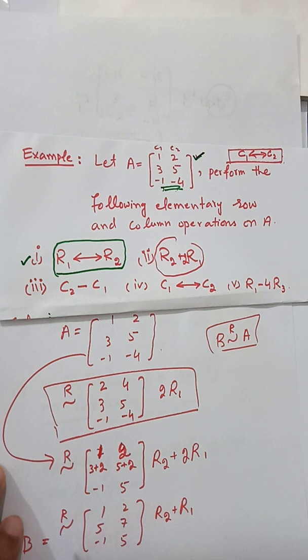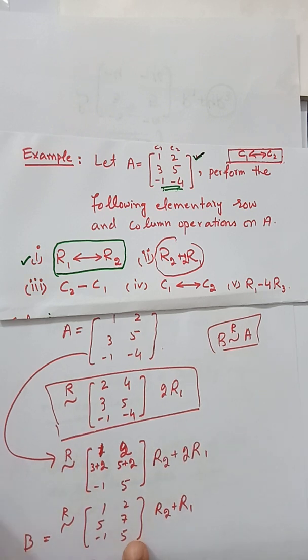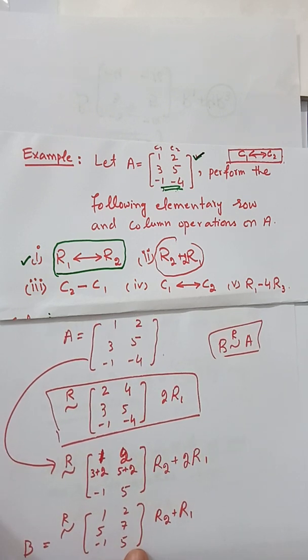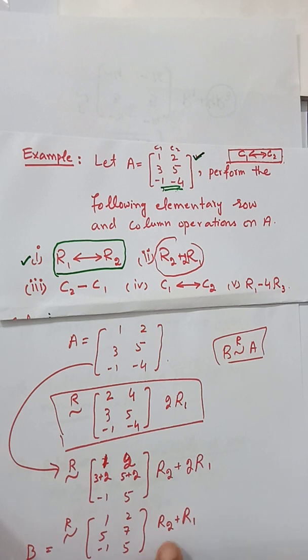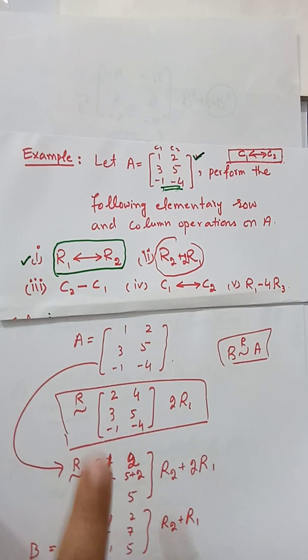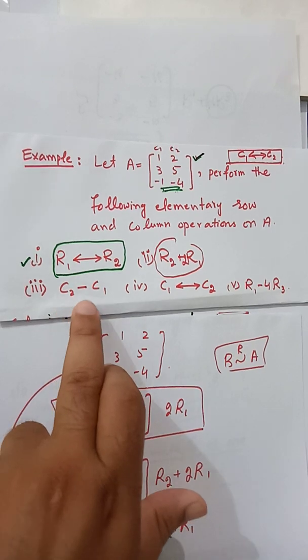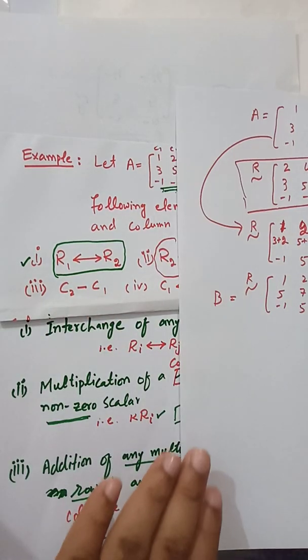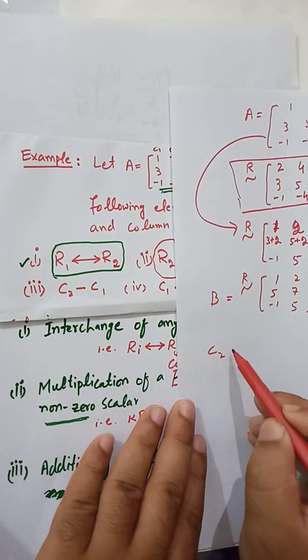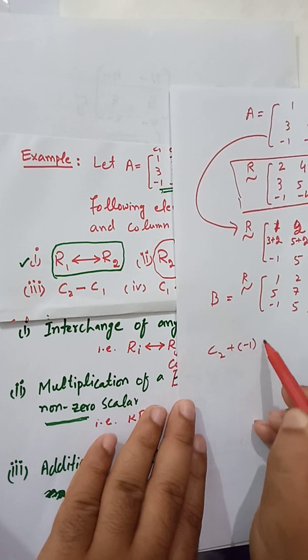because this matrix B is obtained by performing a finite number of row operations. So that's why this must be row equivalent. Similarly, you can do the remaining. C2 minus C1 means actually C2 plus minus 1 times C1.